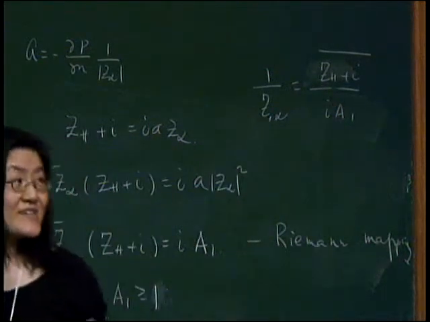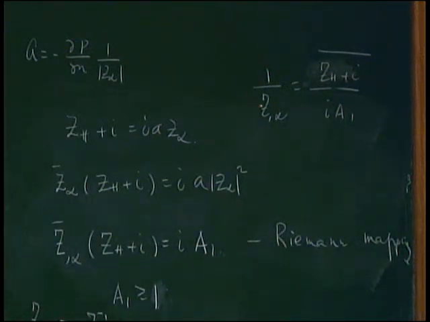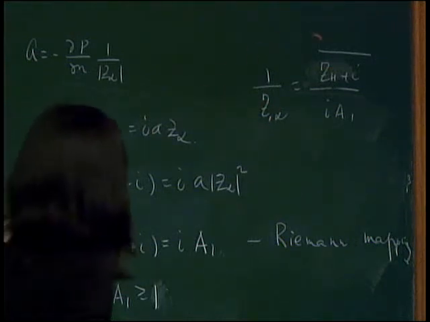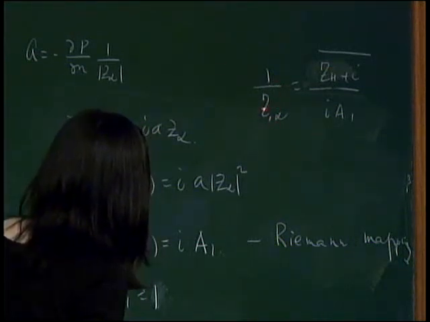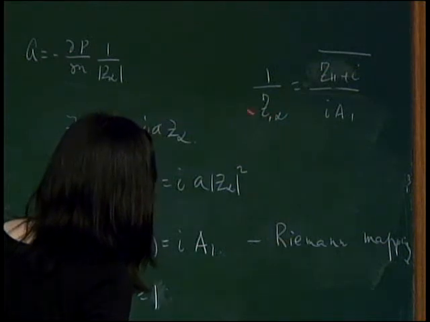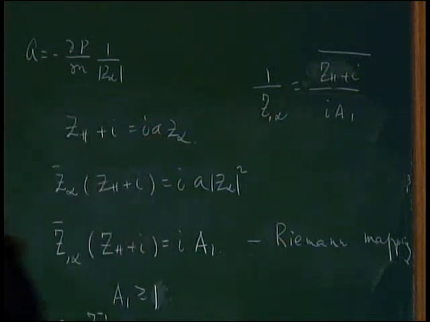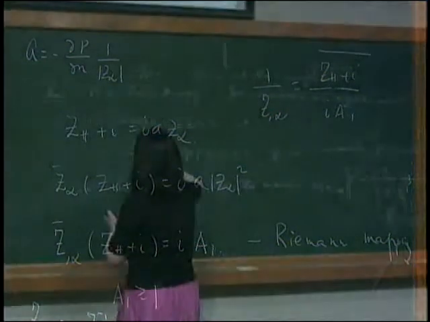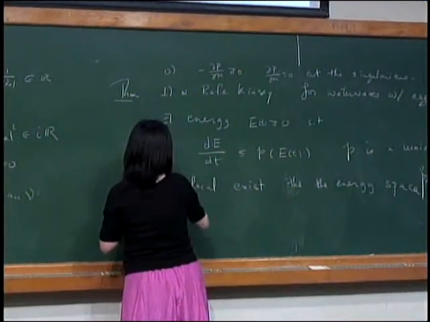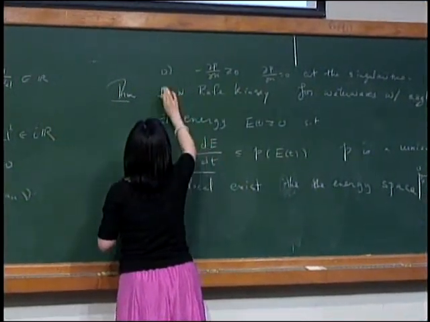Because 1 over Z alpha directly relates to the Riemann mapping, you can figure out that this is all without Rafe-Kinsey.